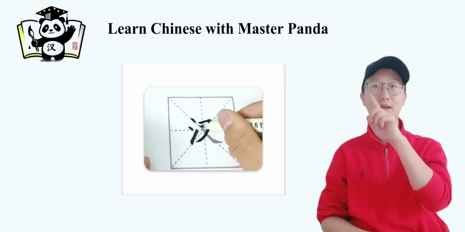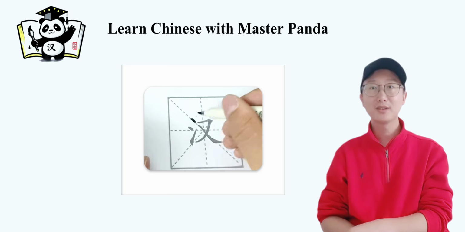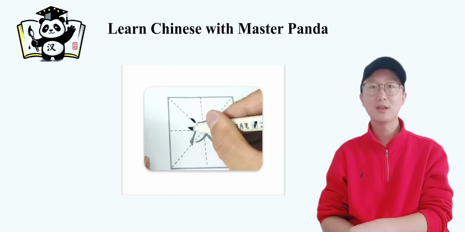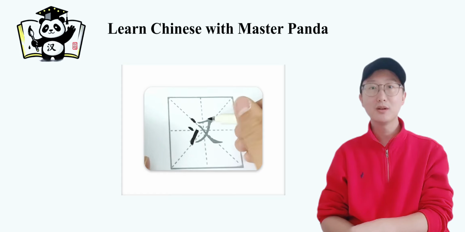点儿, 提, 横撇, 捺. First, write a water radical on the left, starting with a dot, then a second dot, slightly to the lower right, followed by a rising stroke, pointing towards the right part of the character. Next, write the right part. The 4th stroke is a compound stroke called 横撇.